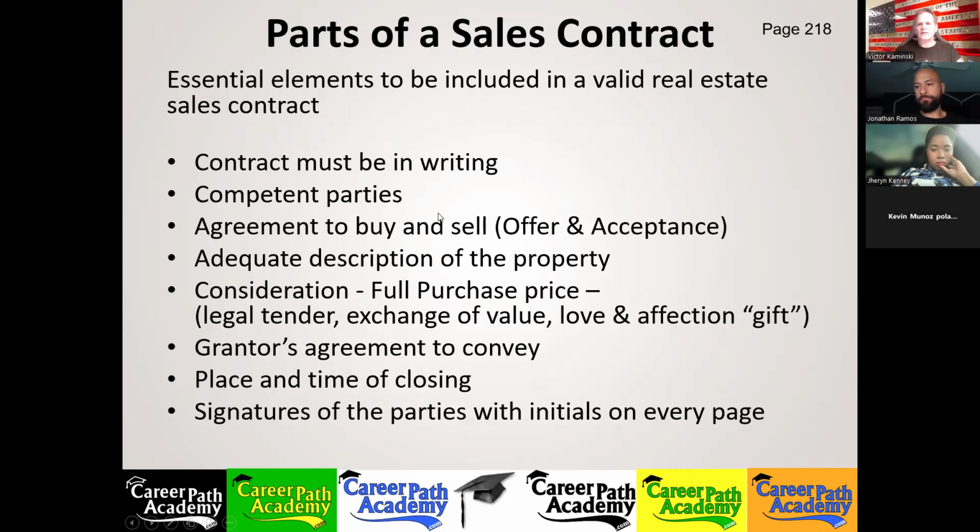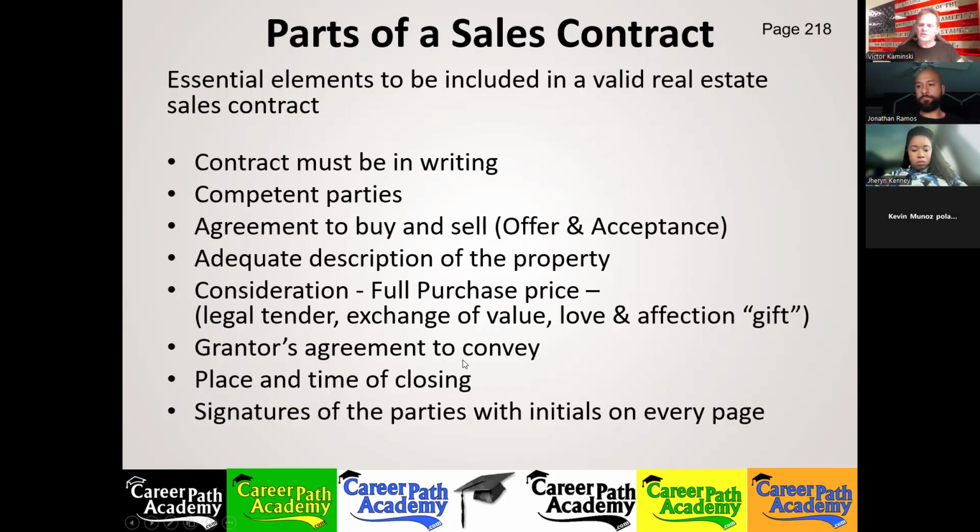So here are the parts of the sales contract that are essential. Contracts have to be in writing. You have to have competent parties. There has to be an agreement to buy and sell, offer and acceptance. There has to be an adequate description of the property. The consideration, what are the parties giving and receiving from each other in the exchange?